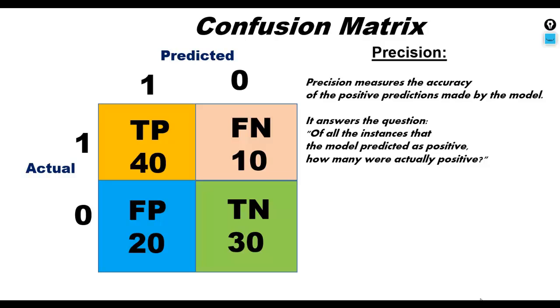But in the case of binary classification, precision, recall and F1 scores are often interpreted in the context of the positive class. But we can calculate precision, recall and F1 scores for the negative class as well.